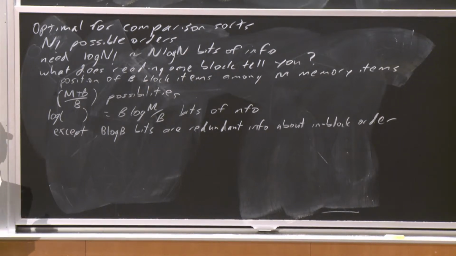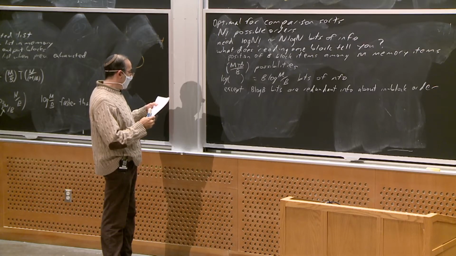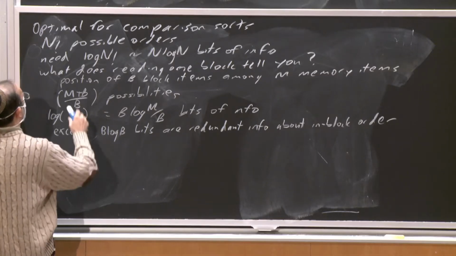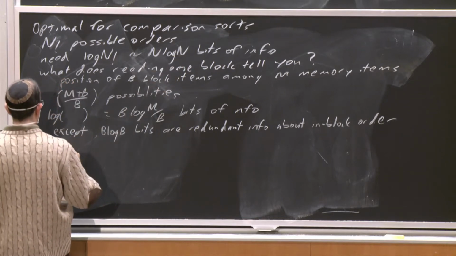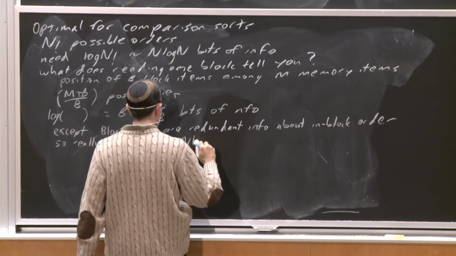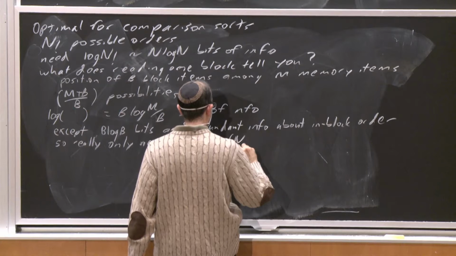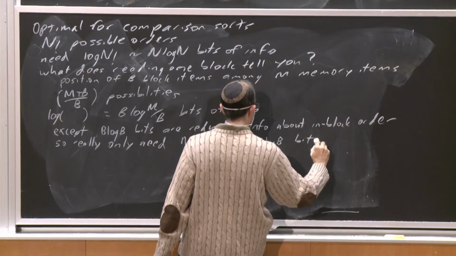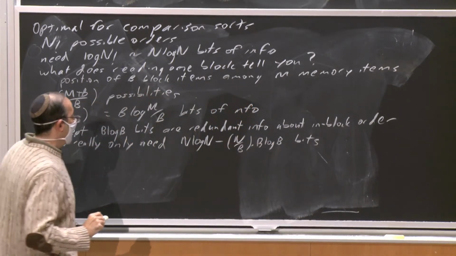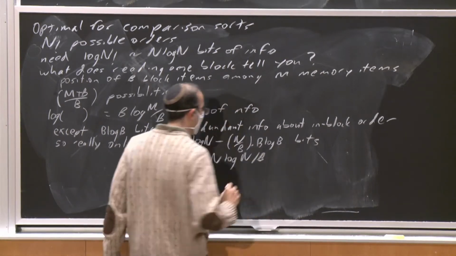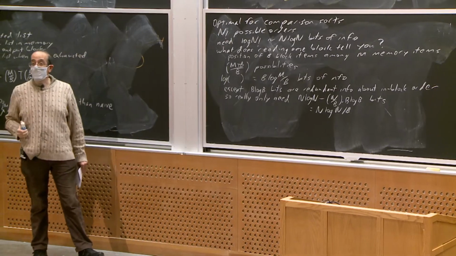So instead of needing a true n log n bits of information, we only need n log n minus n over B times B log B bits of information, which is just n log n over B bits of information to tell us what the total sort order is.